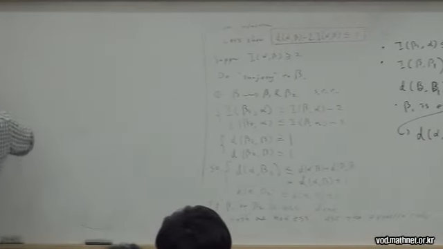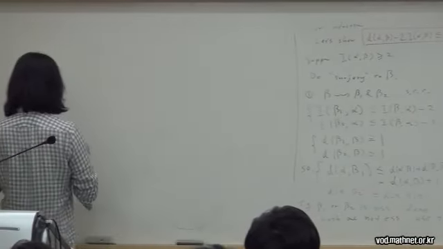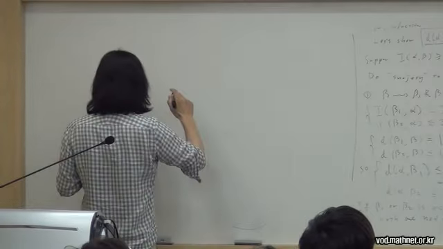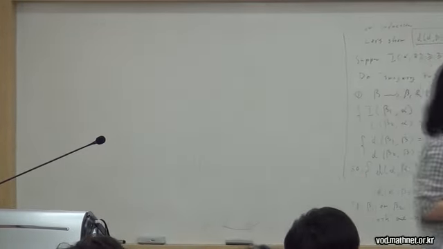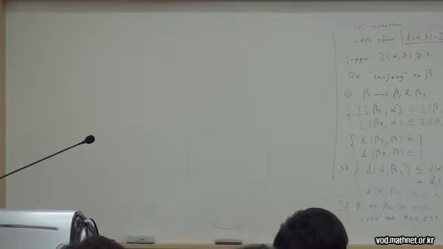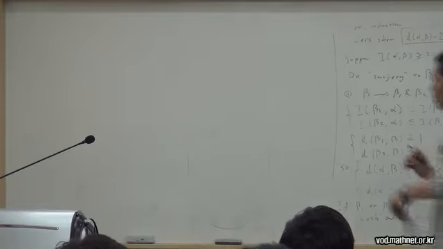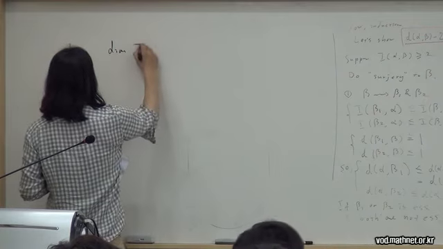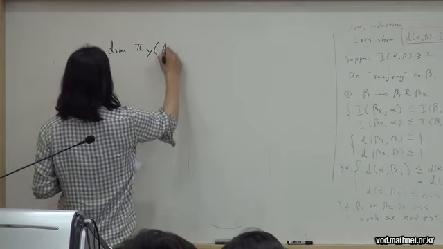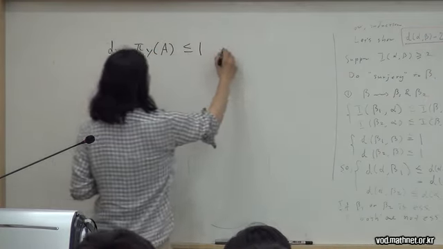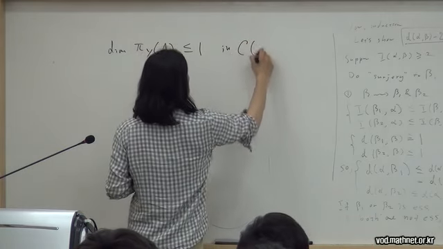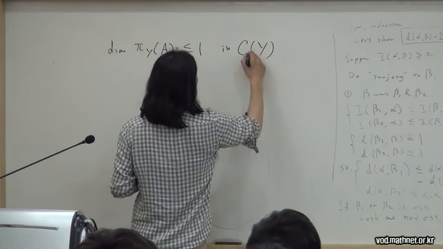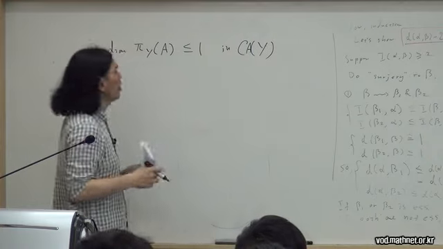First of all, okay, pi y. Yeah, this one. The diameter of pi y of a is at most 1 in C y, maybe the curve and arc complex. Why?